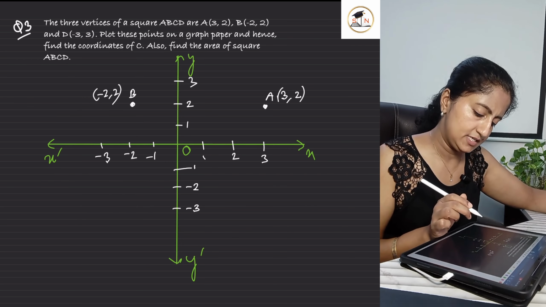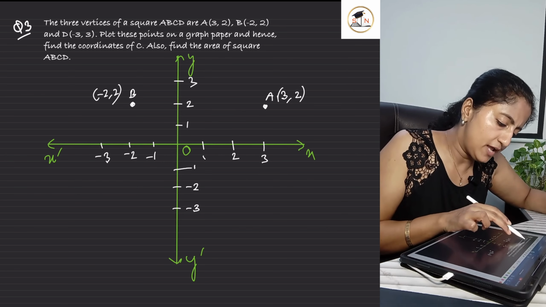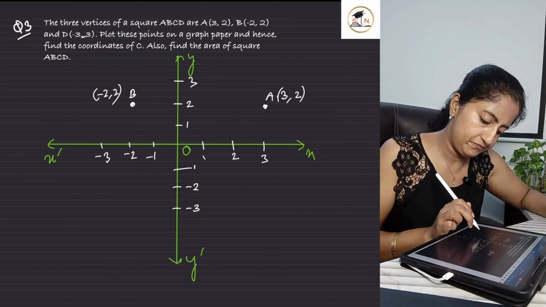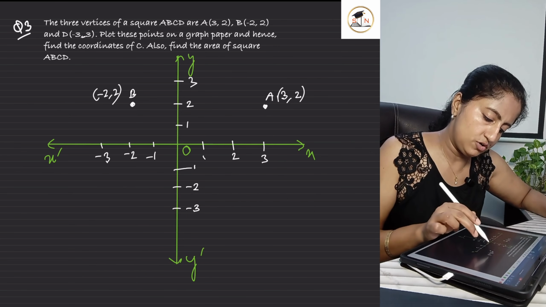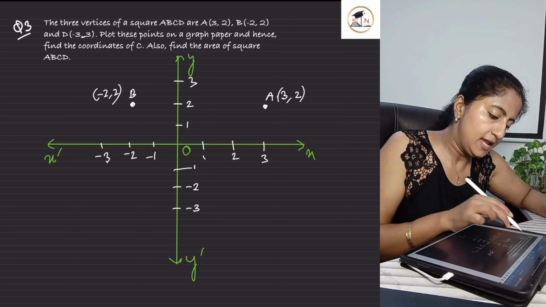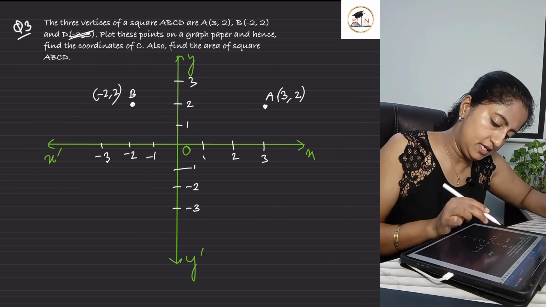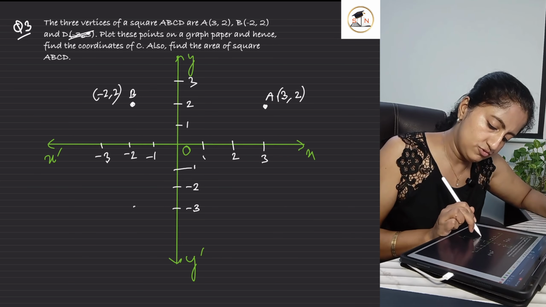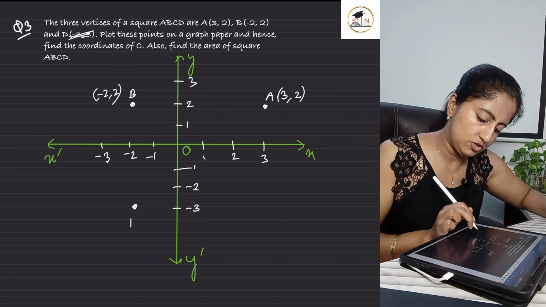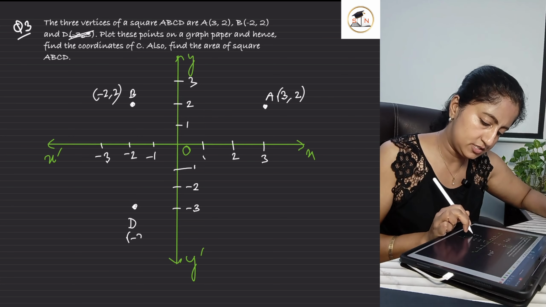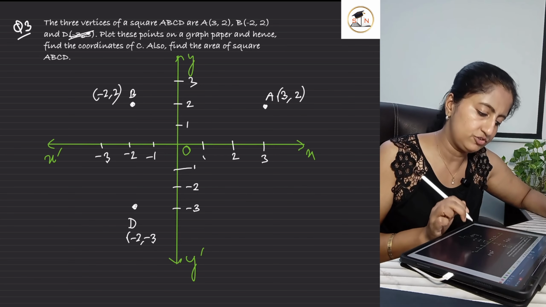It shouldn't be like this, but it should have been -3 and -3. Okay, we are talking about a square over here. So it is supposed to be, yeah, this coordinate is supposed to be -2 and -3. That means D is over here, which is -2 and -3. Okay.